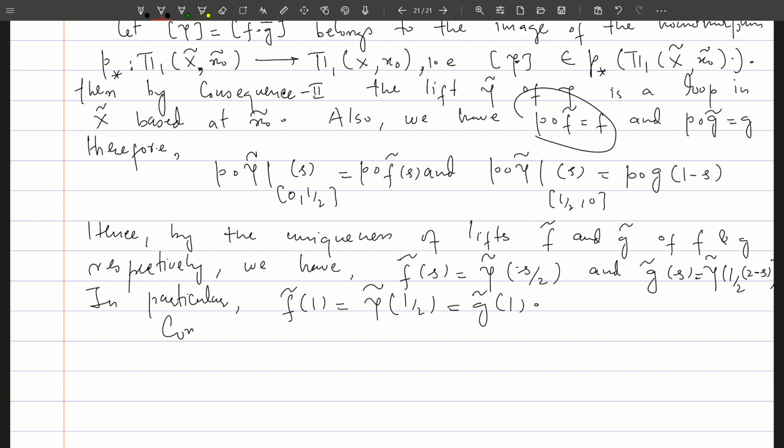Now conversely, let f tilde of 1 be g tilde of 1.